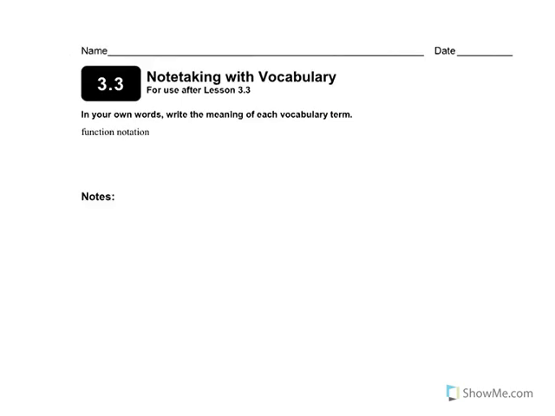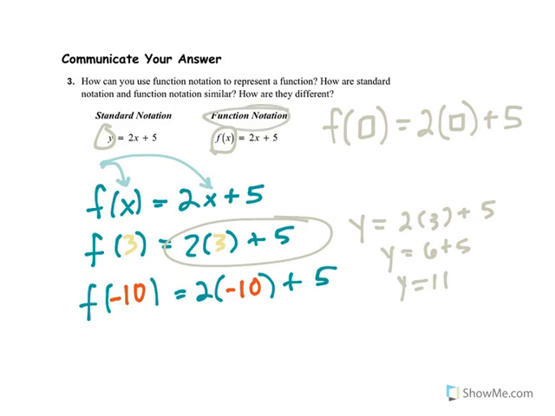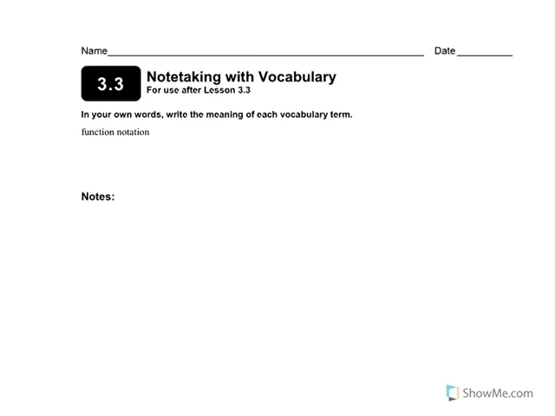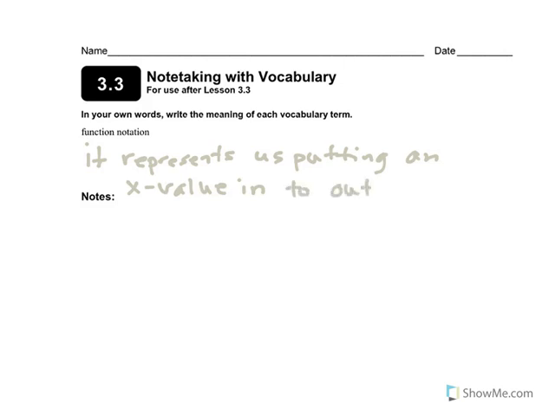All right, so let's go to note taking. In your own words, write the meaning of each vocabulary term, and we have function notation. So remember, our function notation is this f of x thing, okay? So function notation, we could say it represents us putting an x value in and outputting a y value.